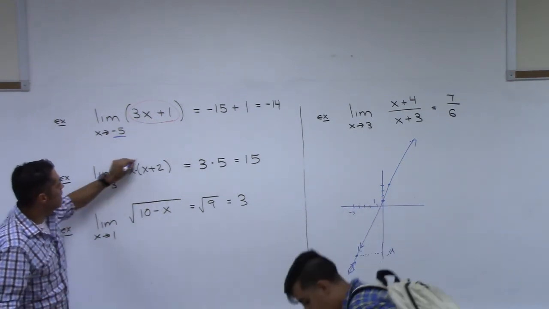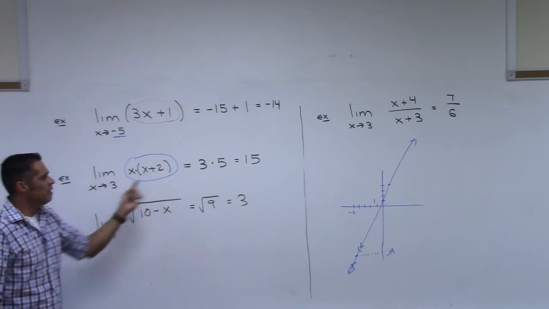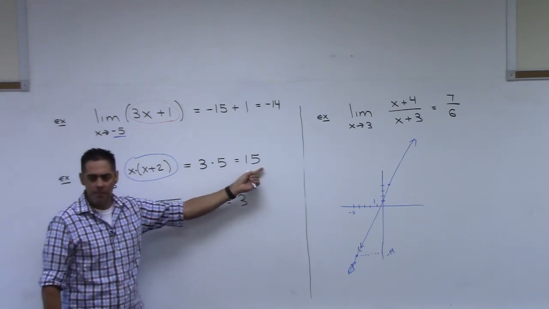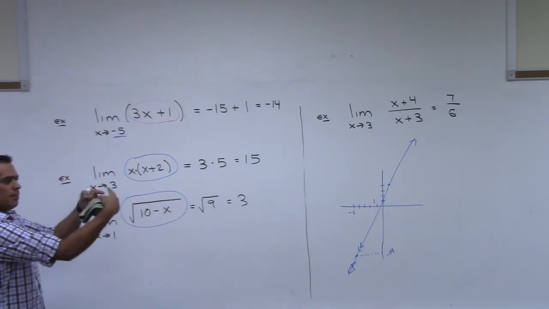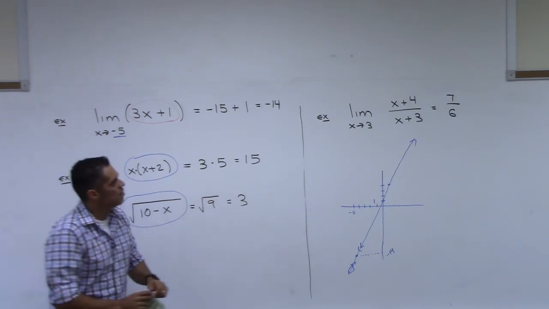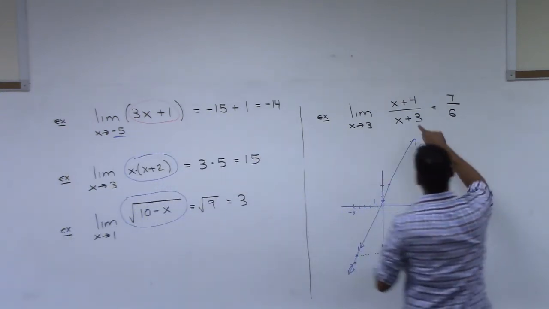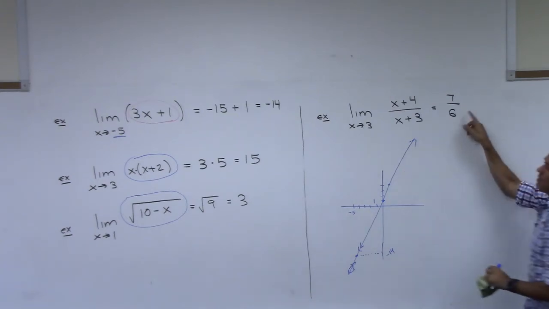This one, same thing. If I graph that function and we approach 3, we know we'd be headed towards 15. If we graph this function and head towards 1, from both sides it would be headed towards 3, with no picture. This one is a pretty ugly function if you graph it, but if you approach 3 from both sides, it's going to be headed to 7/6.